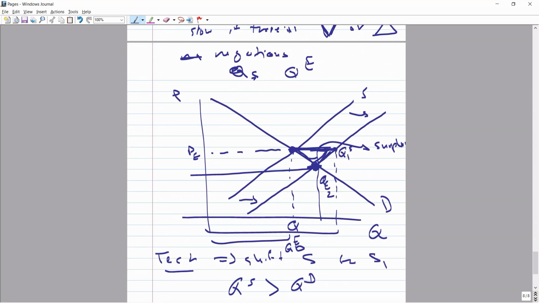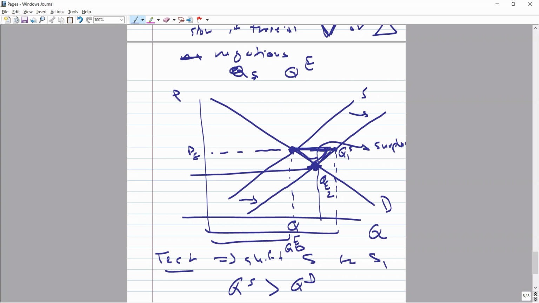As we know, technology has a positive impact on the production side. So the more suppliers get advanced technology, the more they are able to offer more quantity supplied. Even the quality will be improved as well.